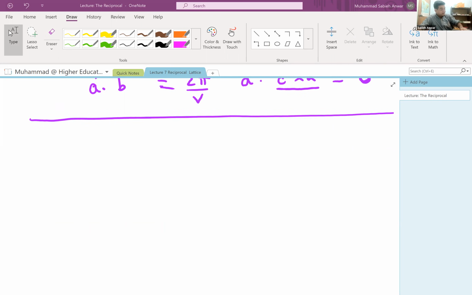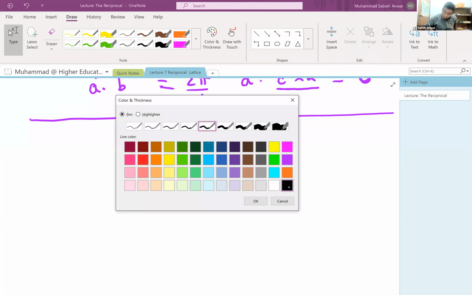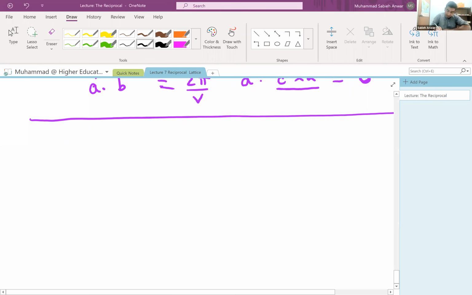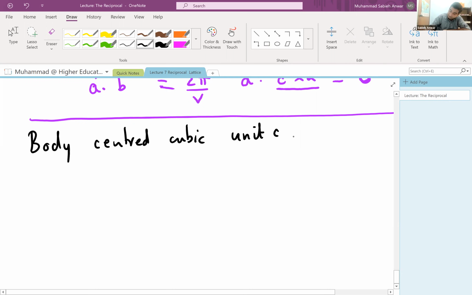Now, what I would like to do now is form the reciprocal lattice for a body-centered cubic cell. So I have a body-centered cubic unit cell, of course, in the direct space. So let me draw this.